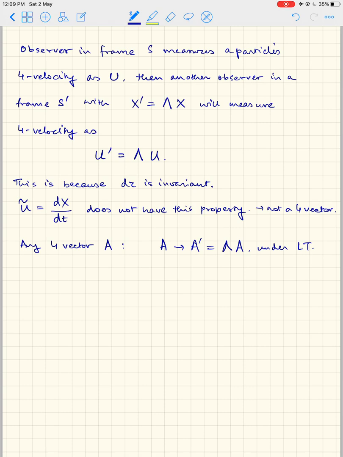Similarly, another thing that is a 4 vector is momentum.